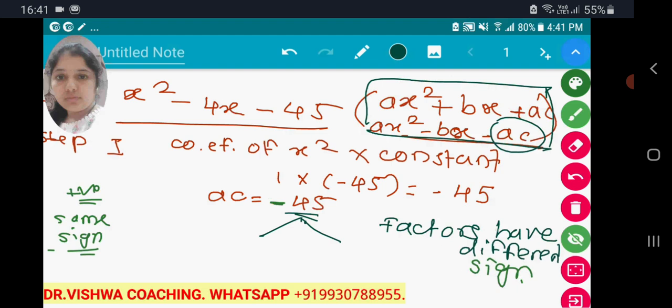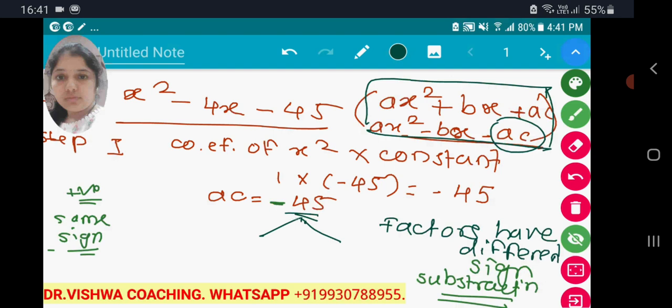It means the factors have different signs. Now if they have different signs, we always do the subtraction, not addition. So we have to find the factors such that their subtraction is 4.